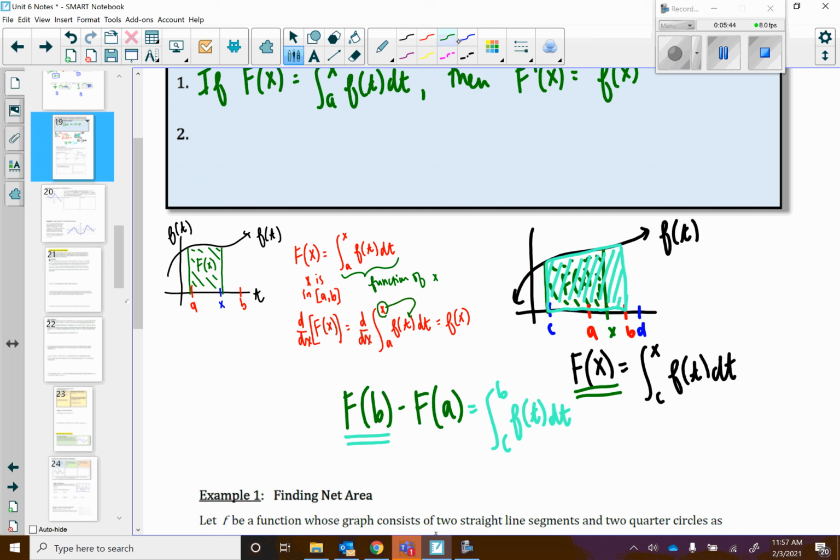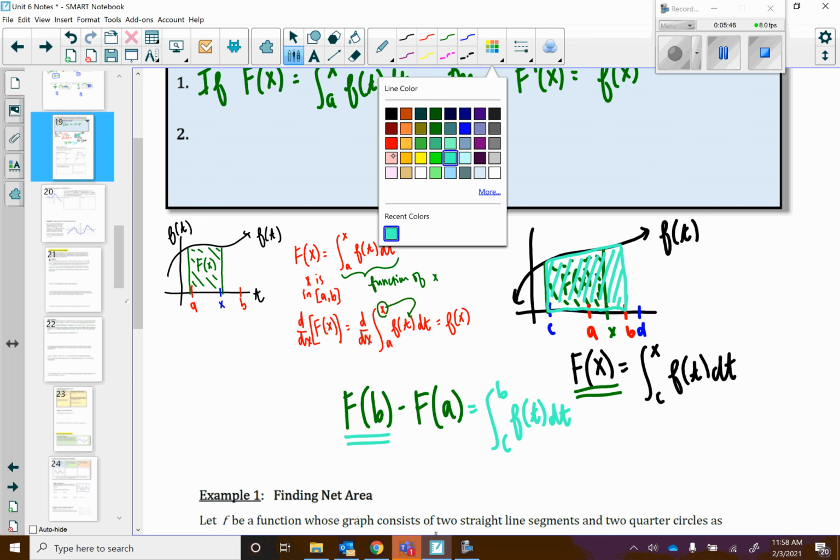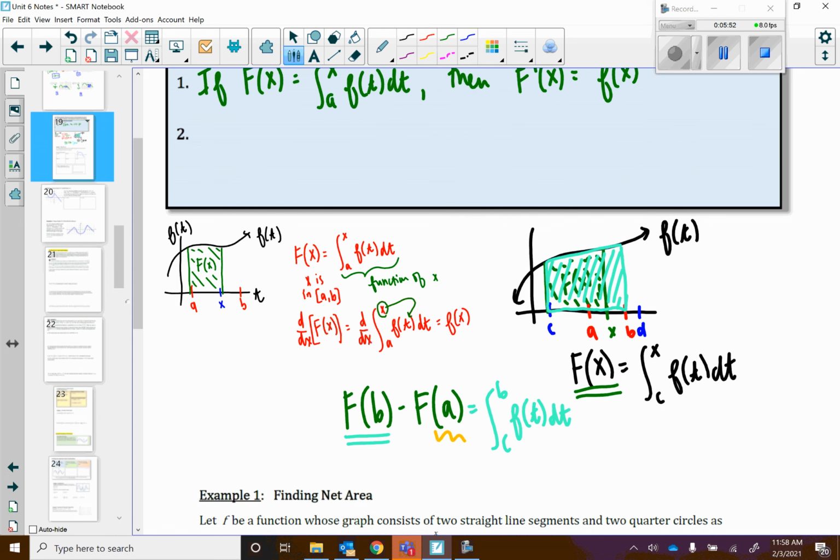All right, and let's go with a different color. Let's go with yellow. That might not be good. Let's go with that one. Okay. F of a, we're plugging in a for this x, is the integral from c to a of f of t dt. So that's from c to a. That's this yellow area right here.